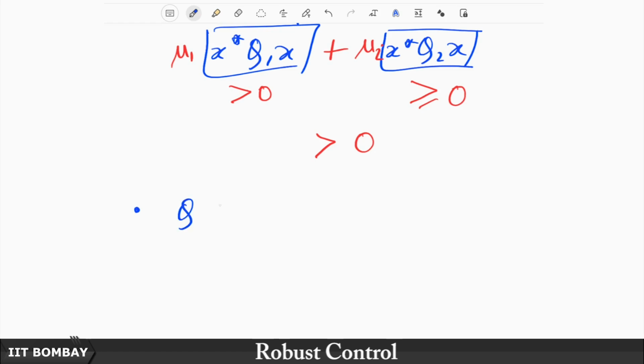Suppose you have Q as a positive definite matrix, then you will also have that Q inverse is also a positive definite matrix. Why so?